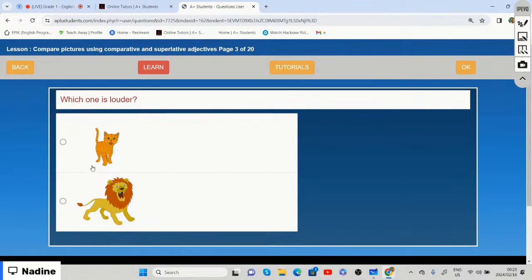So if we say which one is louder, yes, and then we're going to say it is the lion that is louder. So the lion is louder than the kitty cat.